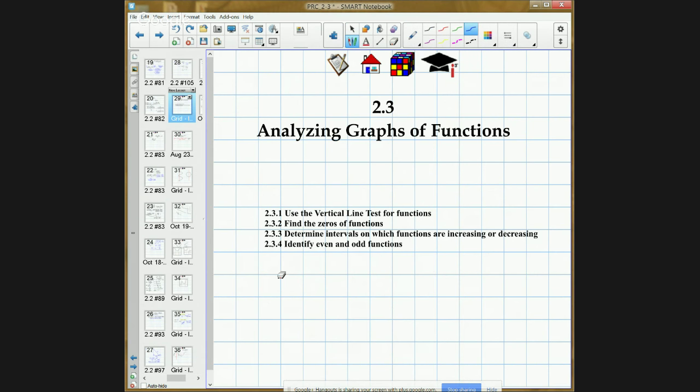The second one is finding the zeros of a function. You already know how to do that, maybe just not the naming of it. To find the zeros of a function, all you're trying to find out is where does it cross the zero line? In other words, what are the x-intercepts? So that second objective is not new.